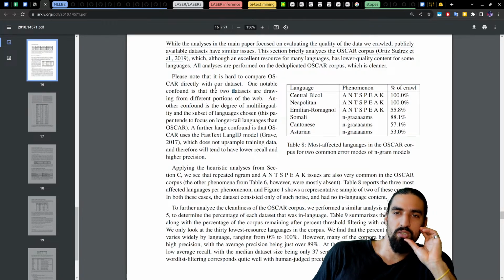Please note that it is hard to compare Oscar directly with our dataset. One notable confound is that the two datasets are drawing from different portions of the web.